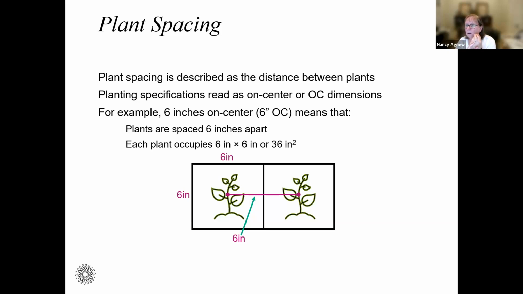The spacings are often described as ranges. And I guess I need to explain that, let's just use annual flowers for an example. I always plant a little mailbox garden in front of my house. So I always will fill it with annuals.